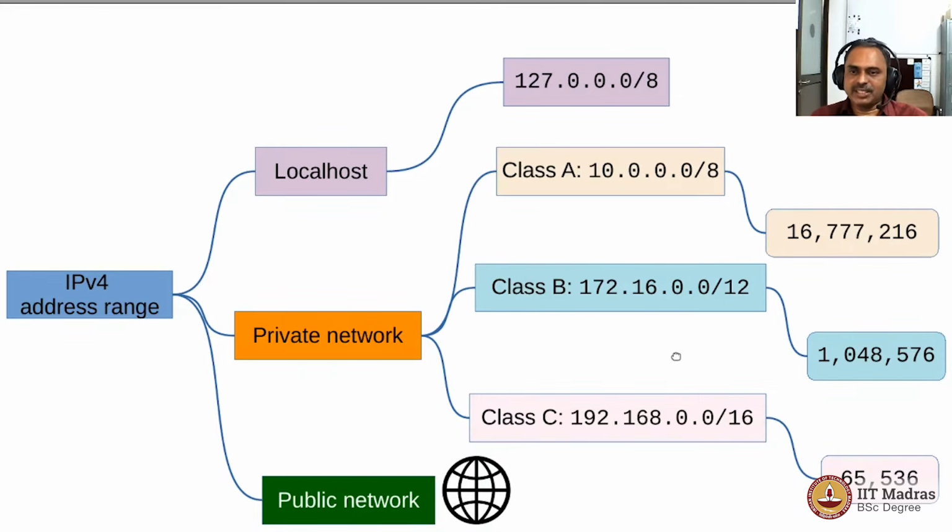These three addresses, 10 dot something, 172.16 dot something, and 192.168 dot something, are called private addresses, which means there cannot be any publicly visible website or service provider with these addresses, because they will not be honored by the routing machines that take packets from your machine to another machine. Every other address falls into the category of a public network, which I have shown here as a globe.